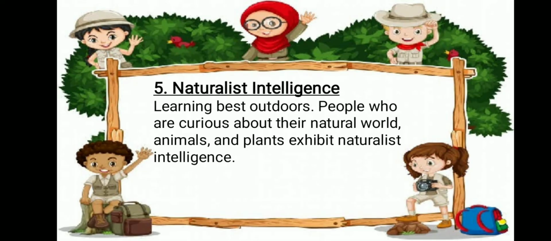Naturalist intelligence. Learning best outdoors. People who are curious about their natural world, animals, and plants exhibit naturalist intelligence. This type of intelligence is the ability to identify and classify the natural world around people.